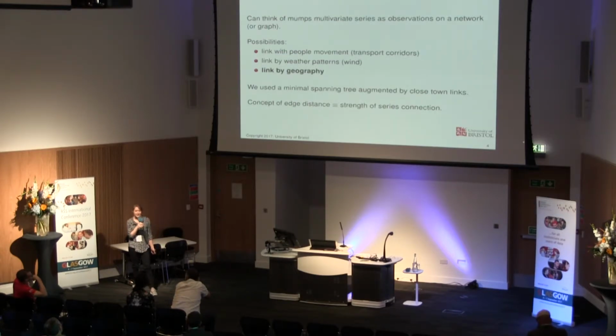In this example, the counties are connected by a minimal spanning tree over the points where the county towns are. For example, in Staffordshire, the county town is Stafford, and that's the location on the map. Then, because that's a little bit sparse, some extra edges have been added for towns that are really quite close together.